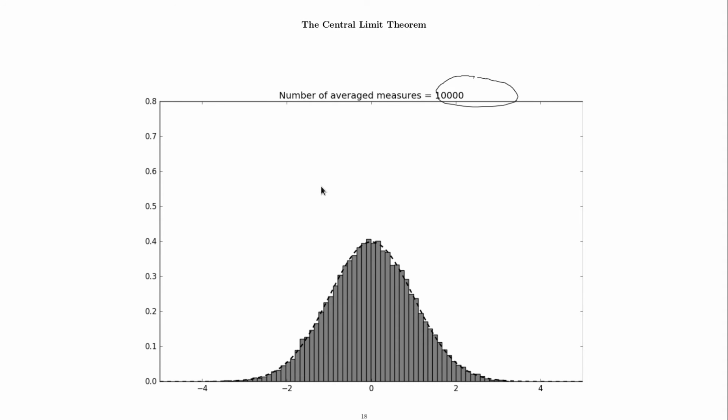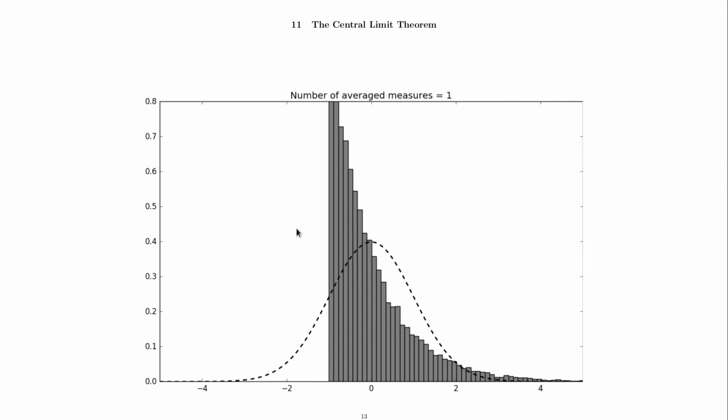So what's going on? All right, so let me tell you now how I produced this. In this case, I took the sum from i equals 1 to 1 of x_i, times 1 over n.